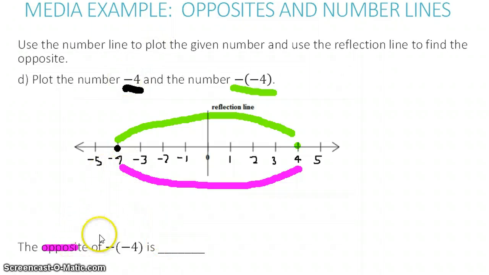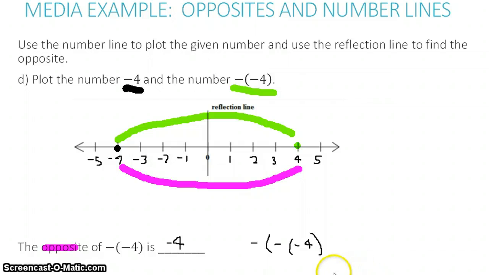So the opposite of the opposite of negative 4 is negative 4.